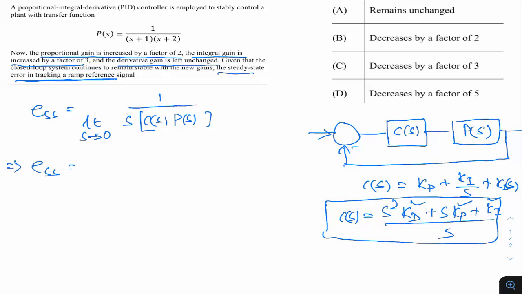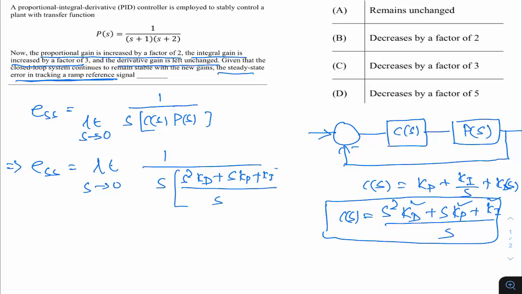So ESS, if I simplify, is limit S tends to 0 of 1 divided by S into C of S. C of S is S square Kd plus S Kp plus Ki, whole divided by S. This is your C of S, and P of S is 1 by (S plus 1) into (S plus 2).